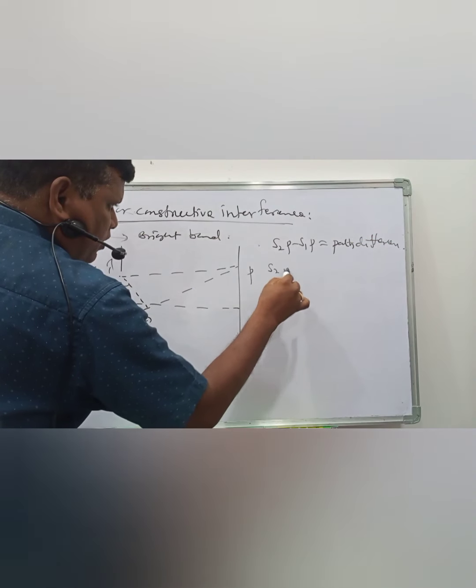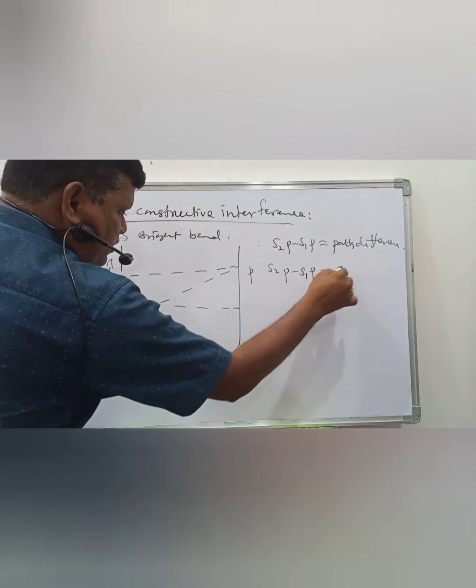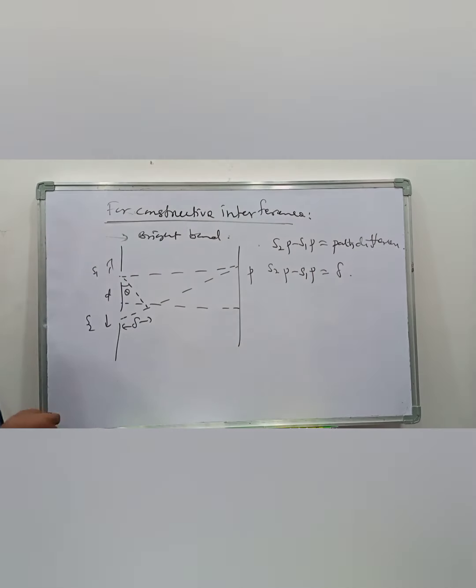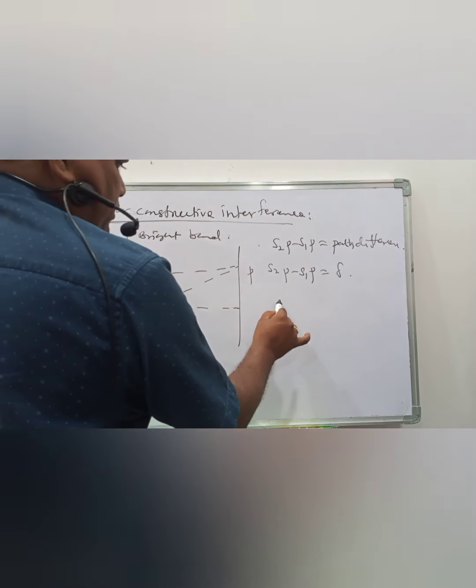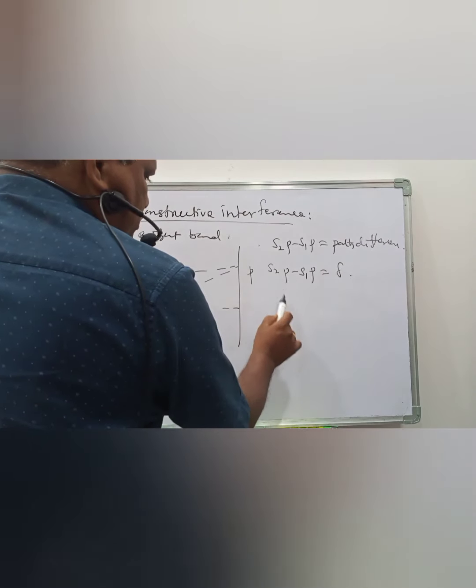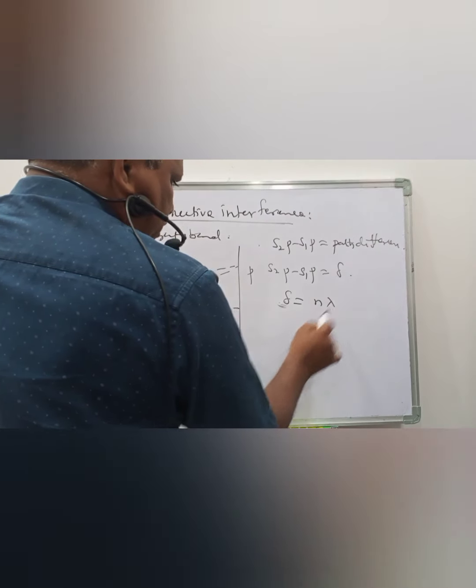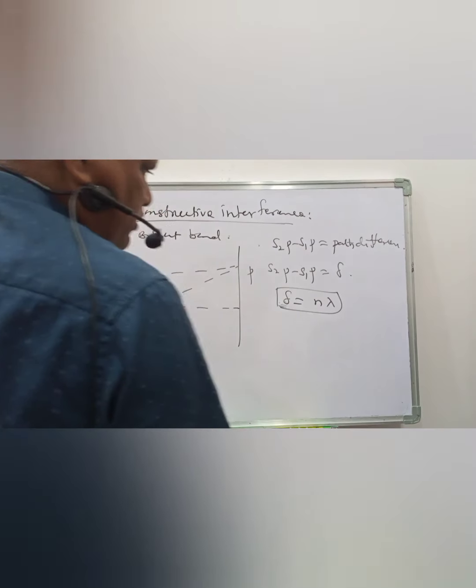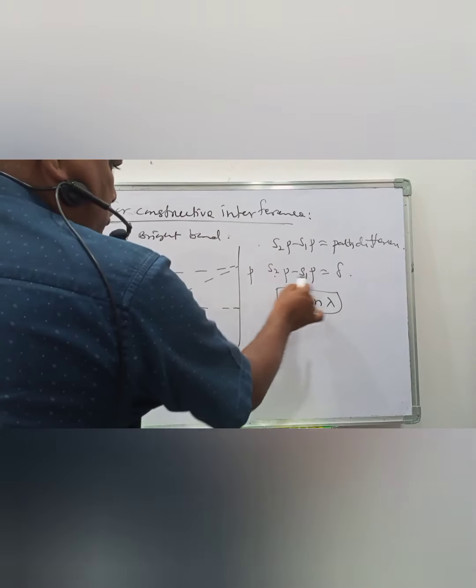So S2P minus S1P is equal to delta. For constructive interference, delta is equal to n lambda.